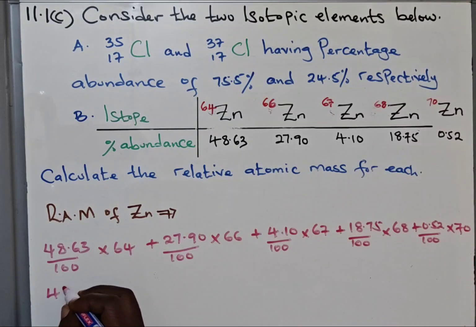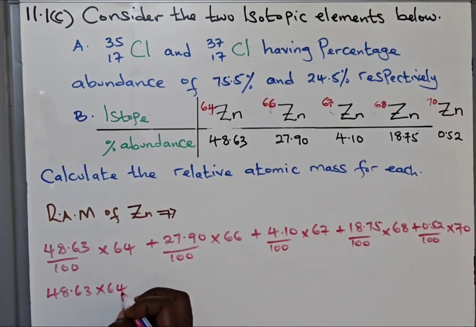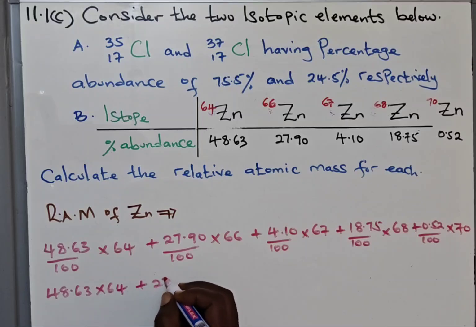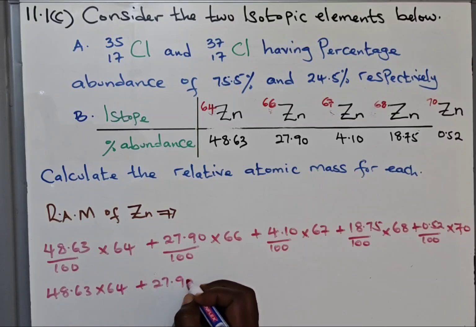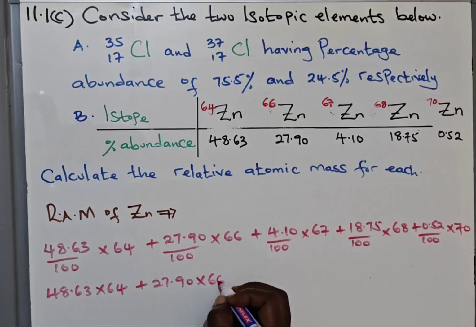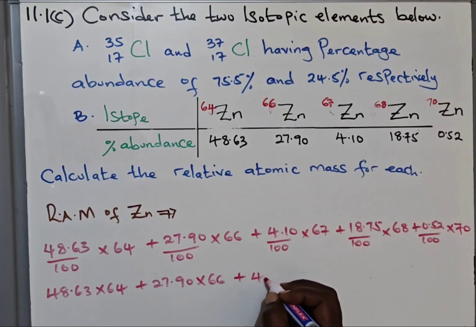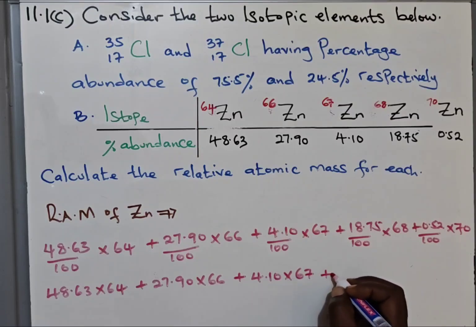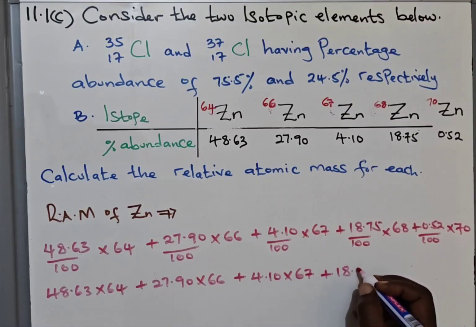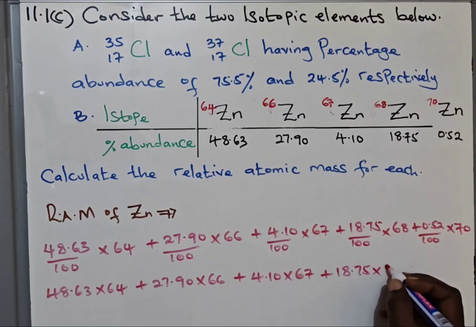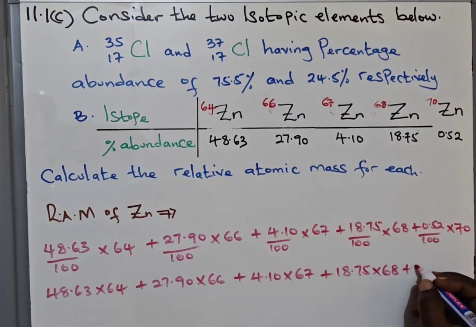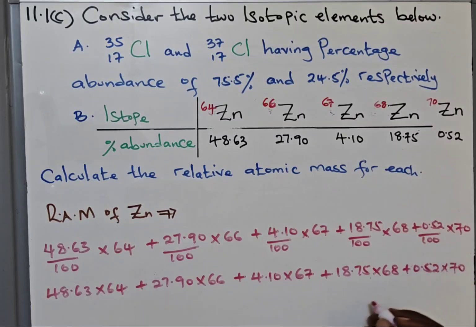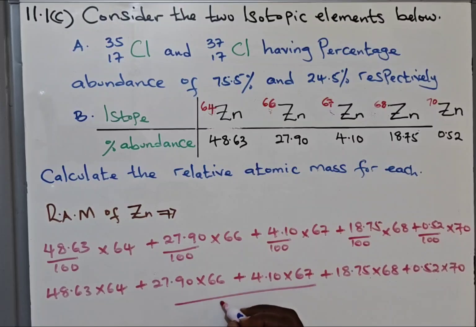If you summarize this, we are going to have 48.63 times 64 plus 27.90 times 66 plus 4.10 times 67 plus 18.75 times 68 plus 0.52 times 70, all over 100.